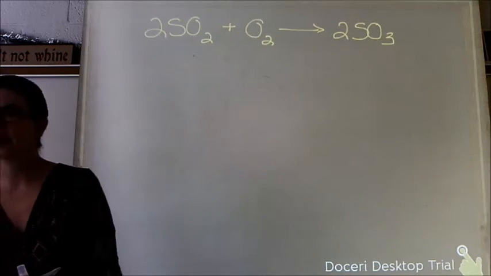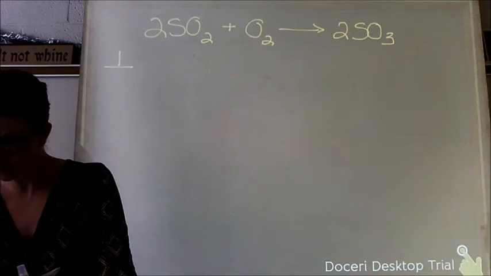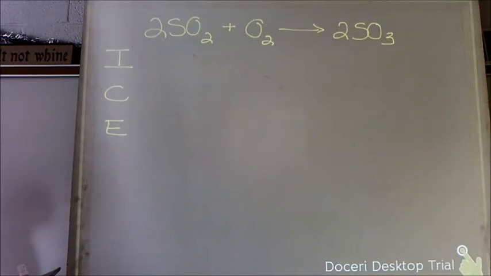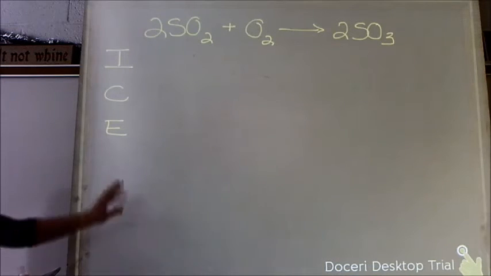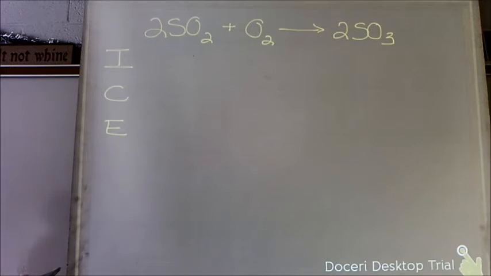And right next to that, I'm going to write 3 letters. These are called ICE table problems. If you talk to any other AP Chem teacher and you say we're doing ICE table problems, they will know exactly what you're talking about. This is an acronym. These letters stand for something.